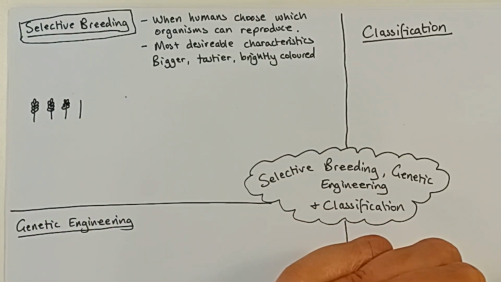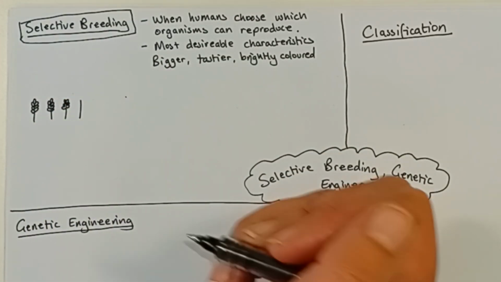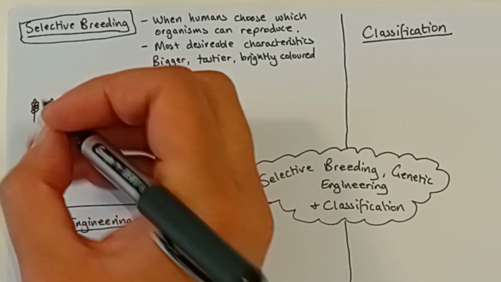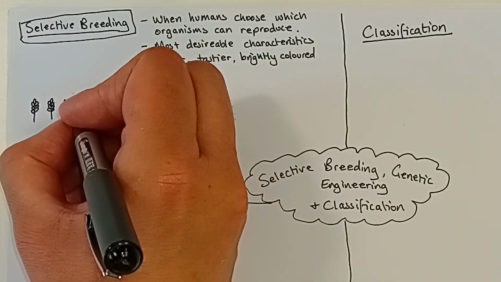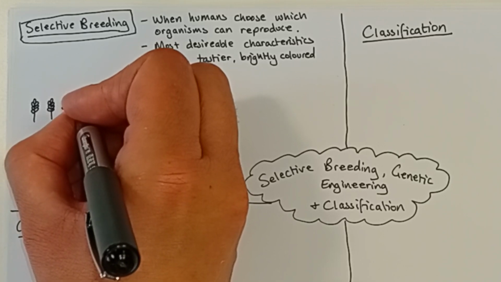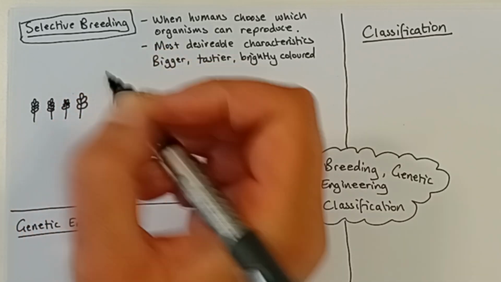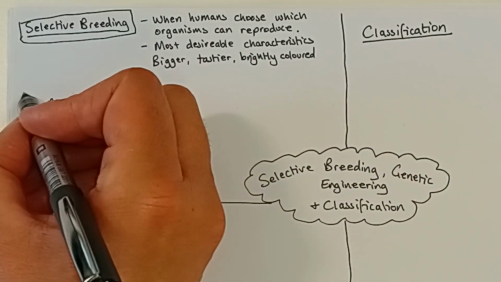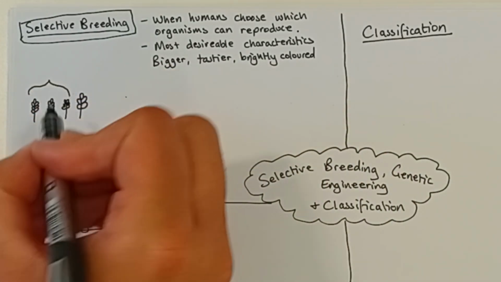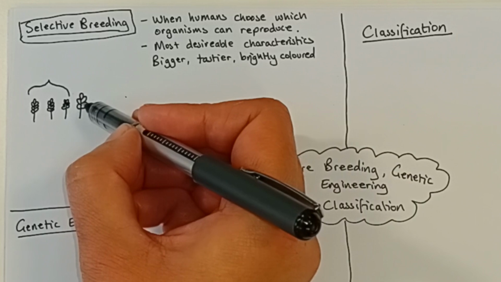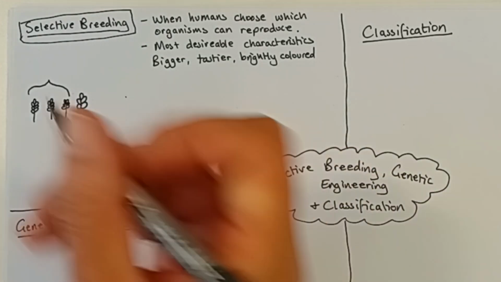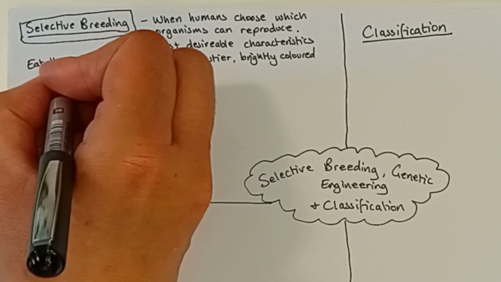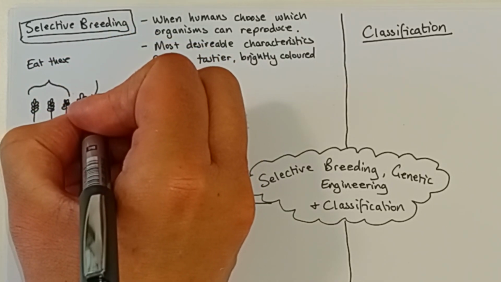But due to random mutation, so in our video on evolution, we talk about random mutation, it might be that one wheat plant develops much bigger seeds. So humans then would just eat the small ones, but they'd save the seeds of the big ones for next year. So they'd eat the small ones, and they would save the seeds of these ones for next year.